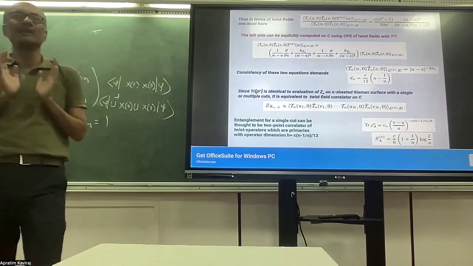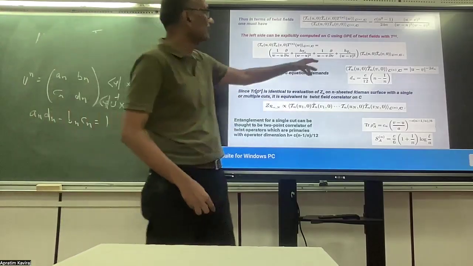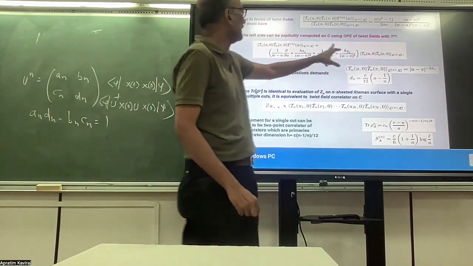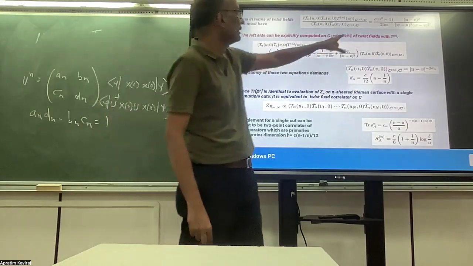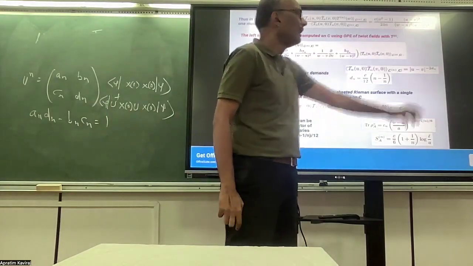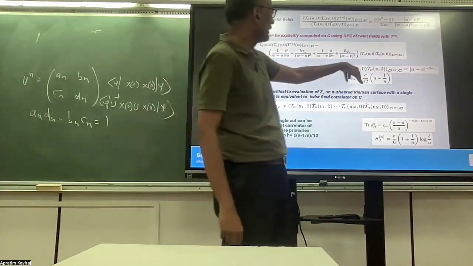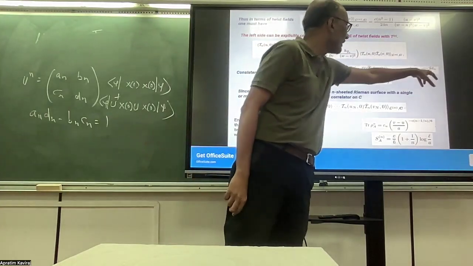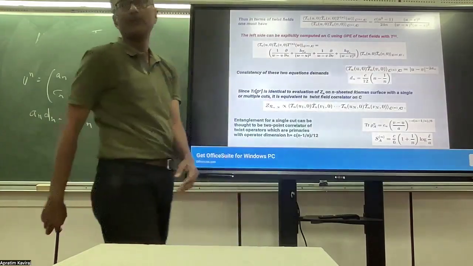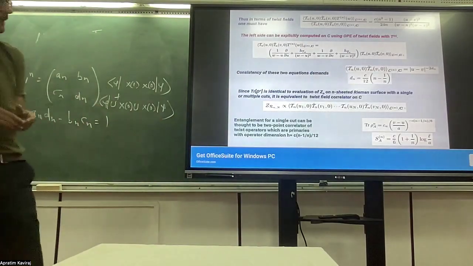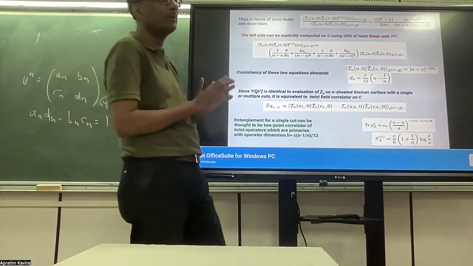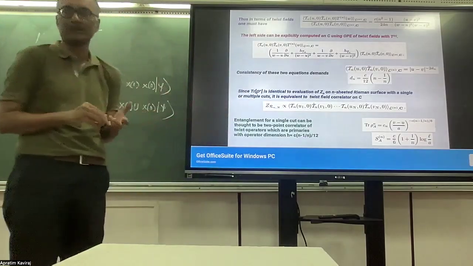And assuming that they are primaries, I can evaluate this and then demand that this evaluation gives rise to that. And if you do that, you just find out that the correlation of this must go as d_n, where d_n is this. It's a reasonably straightforward calculation, but this is what allows you to compute entanglement in generic CFTs.